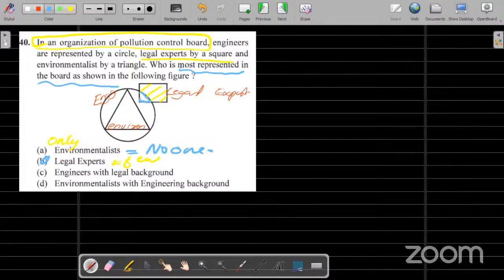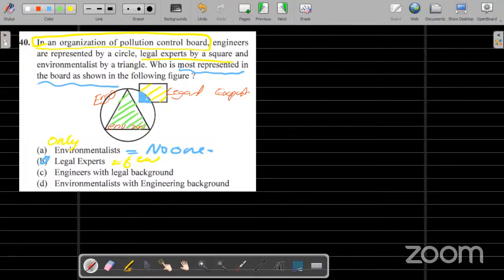They are engineers as well as legal experts. This blue area is the area representing engineers with legal background. And option D, environmentalist with engineering background. Environmentalist with engineering background means all the environmentalists are with engineering background.